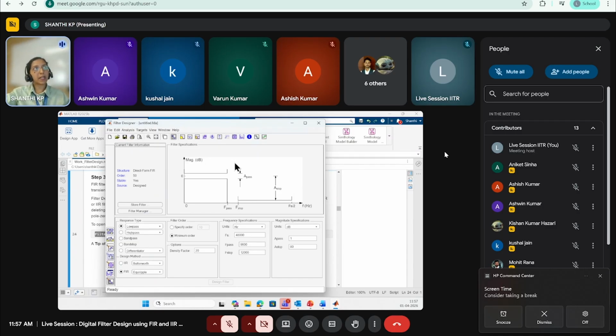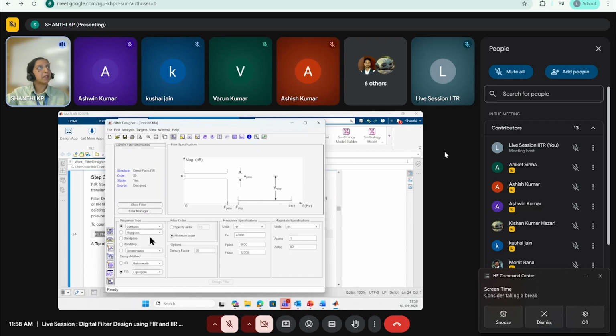On the upper right half, you will see the filter specification region, or filter display region, as we call it. Here it displays various filter responses, which is mainly the filter analysis part, where you can visualize the magnitude response, phase response, group delay, filter coefficients, and pole zero plot.